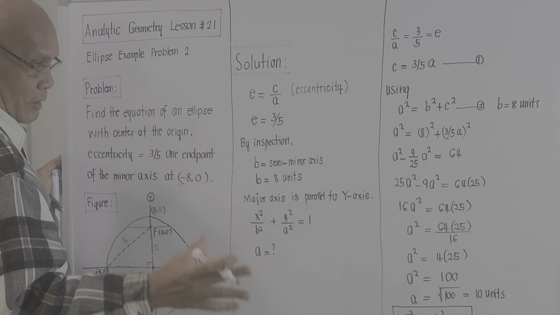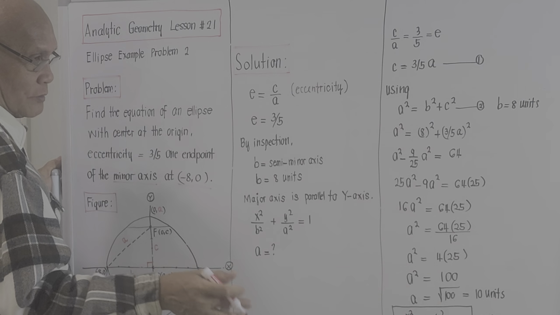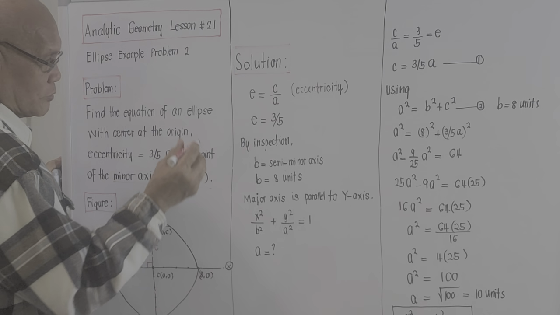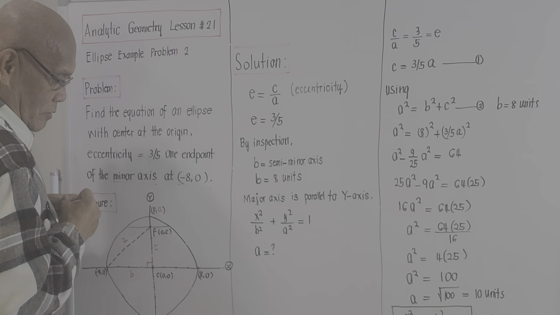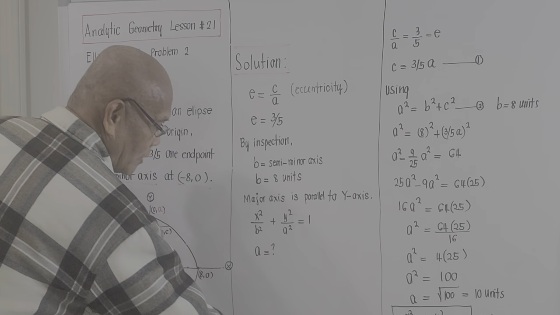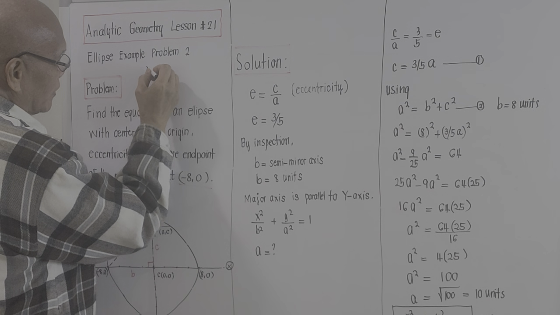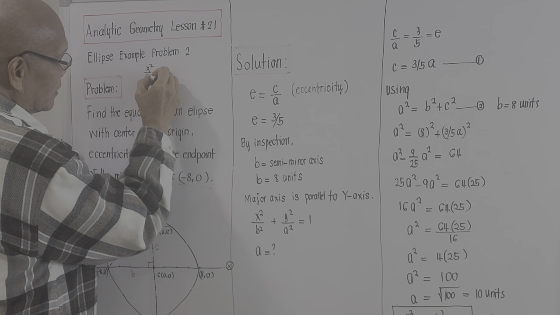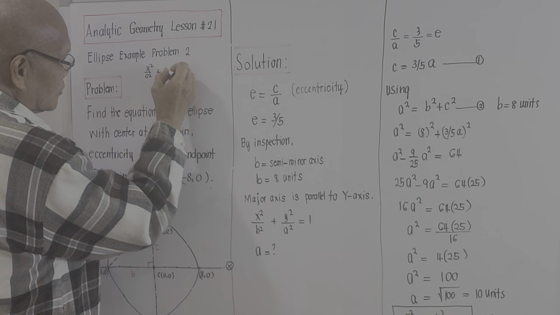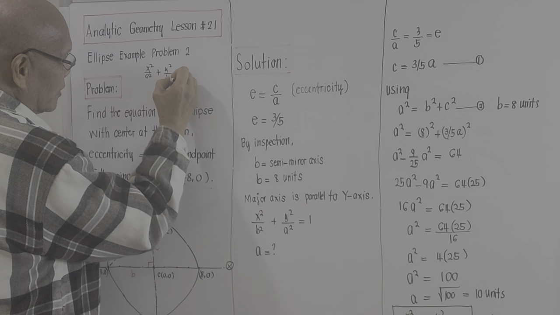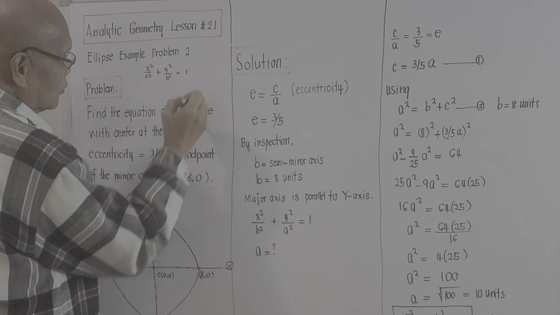So if we try to recall the equation of an ellipse with center at 0, 0, there are two variations. Okay, I will try to use the black pen. The first one is x squared over a squared plus y squared over b squared equal to 1.